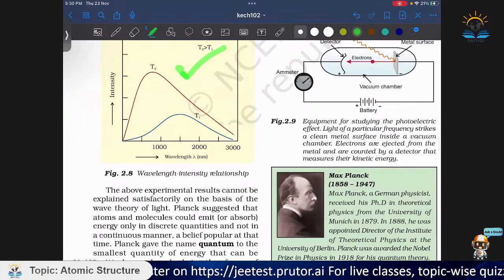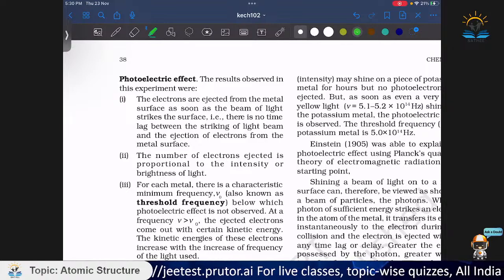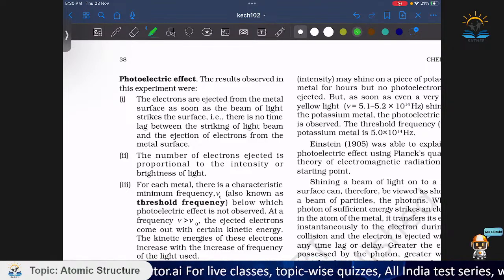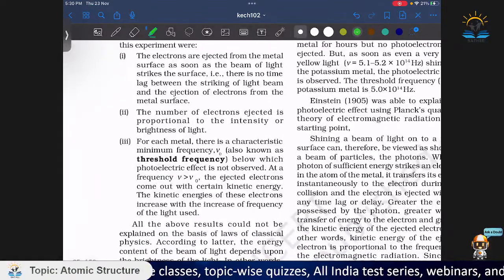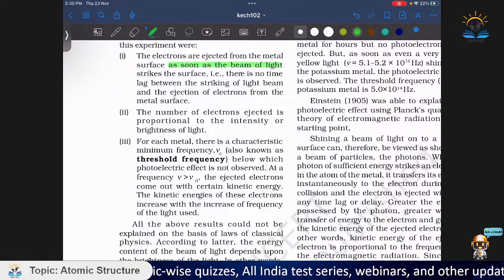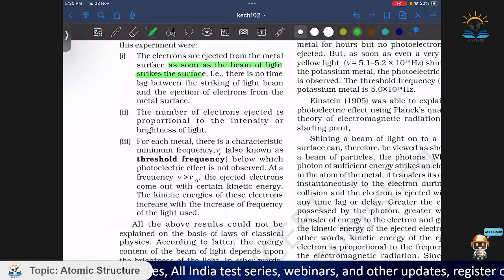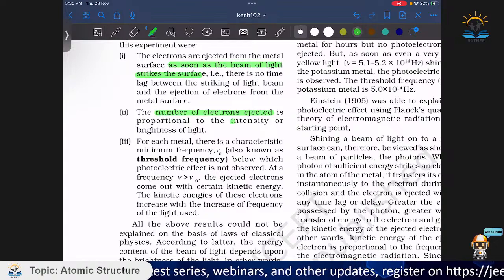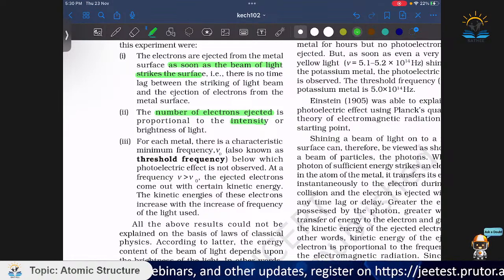Photoelectric effect: when some kind of electromagnetic radiation is thrown on some metals, they eject electrons, and the electrons are detected on fluorescent screens. There are some properties. The electrons are ejected from the metal surface as soon as the beam of light strikes the surface. There is no time lag between the striking and ejecting of the electron. Then the number of electrons is proportional to intensity.